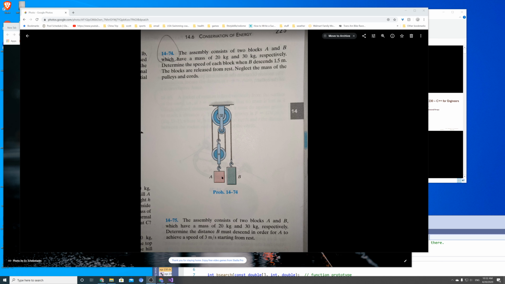In the final position, when B is at 1.5 meters, both blocks have kinetic energy, and one potential energy is going to be positive and one negative, right?